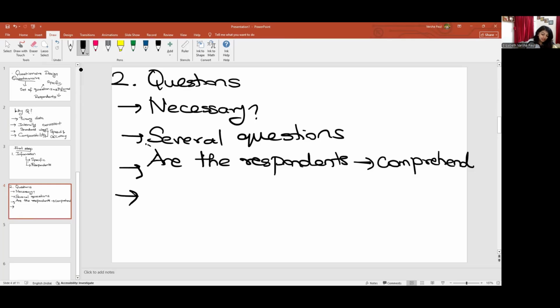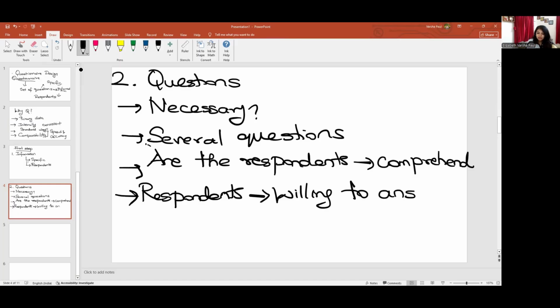The other main thing is that respondents are sometimes not willing to answer a question. So you have to make sure respondents are willing to answer your question, because they may feel it's personal, like income.